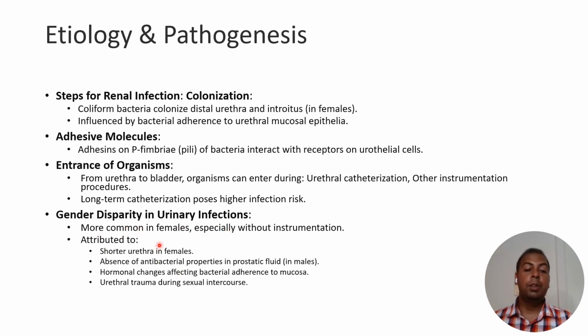It's usually more common in females for reasons: females have a shorter urethra, and there's absence of antibacterial properties in prostatic fluid in males. Females also undergo hormonal changes which affect bacterial adherence to the mucosa, and the urethra suffers trauma during sexual intercourse that predisposes to UTIs, eventually to pyelonephritis. That's why the incidence of UTIs and pyelonephritis is more common in female patients.